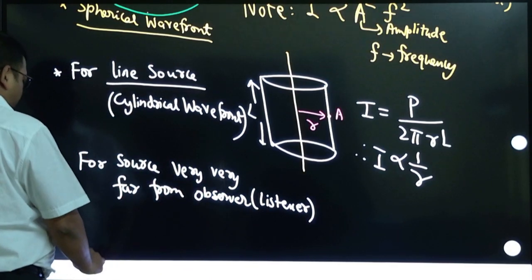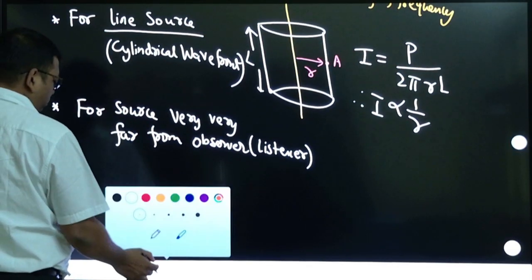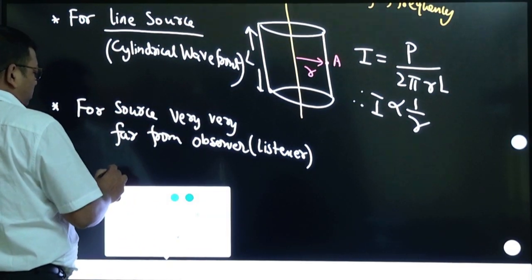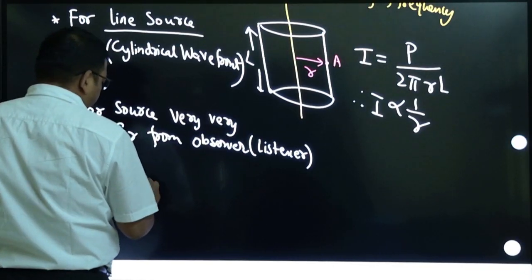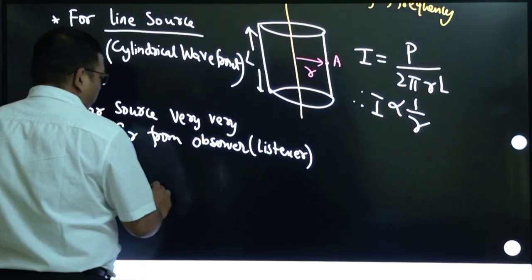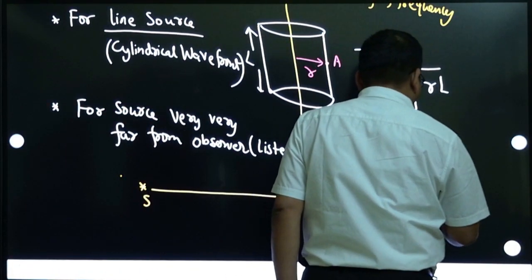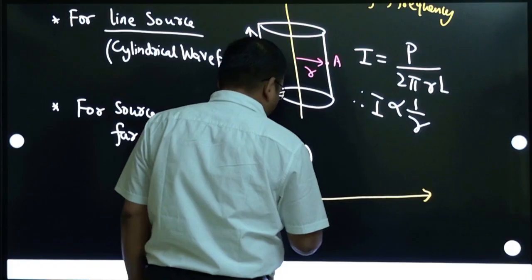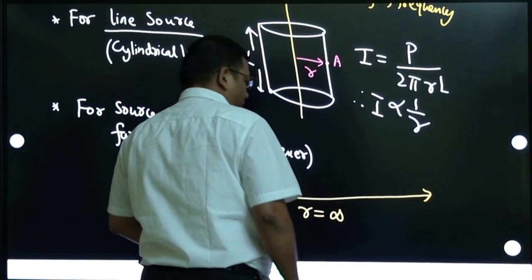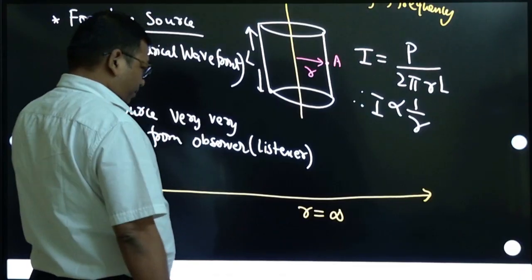In that case, suppose this is the source, but it is very far away. The distance is almost infinity, you can say.